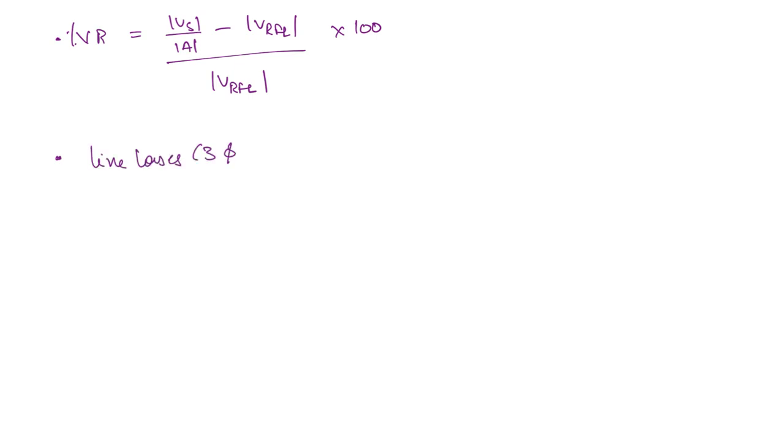The three phase line losses are going to be 3 times I square R. If it is single phase, then you simply remove this 3. It is simply going to be I square R, and efficiency is the same, PR by PR plus PL. So these are the losses.